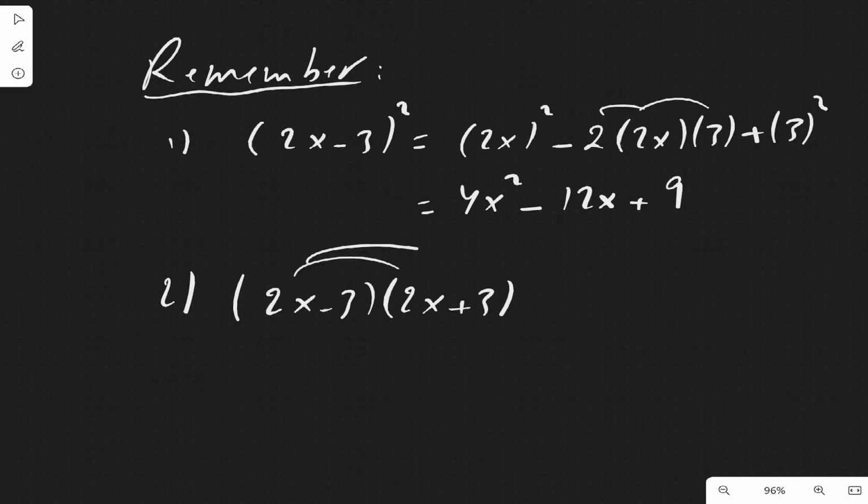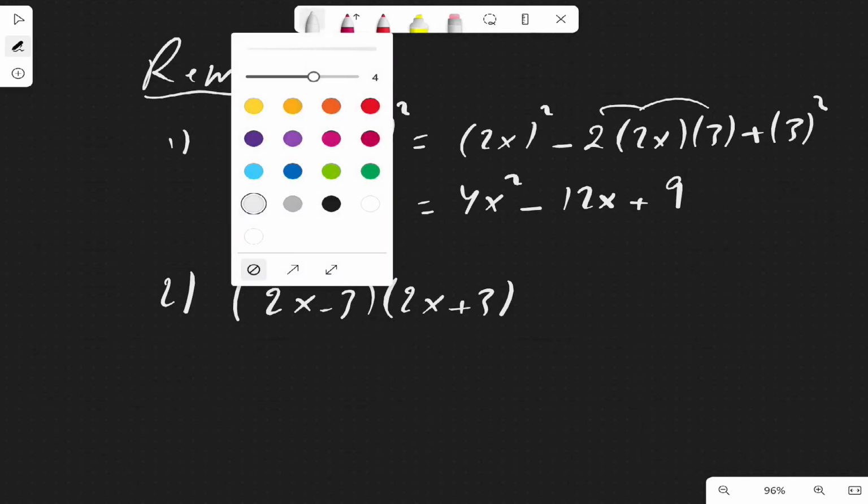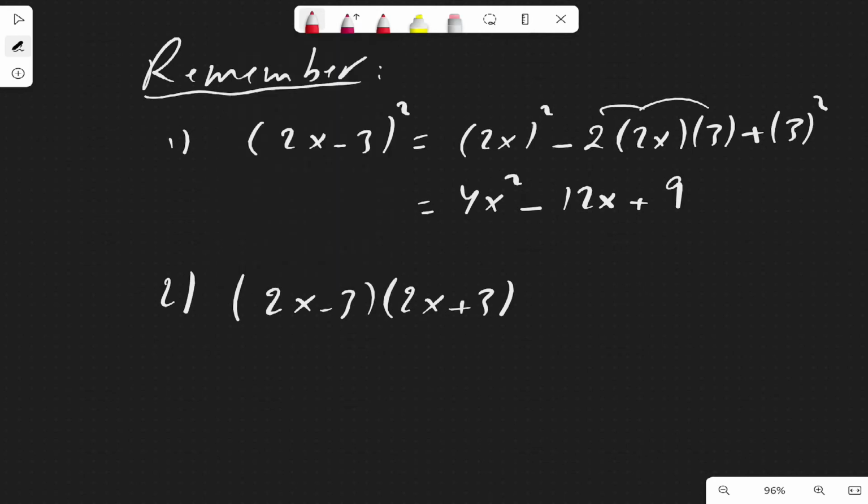You can do the butterfly, you can do FOIL, or if you notice that the first is the same as the first, the second is the same as the second, and between them opposite signs, minus and plus, we can do it as the first times the first, which is 4x2, the second times the second, which is minus 9.